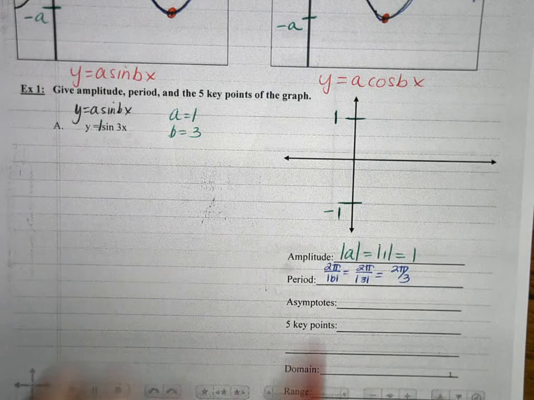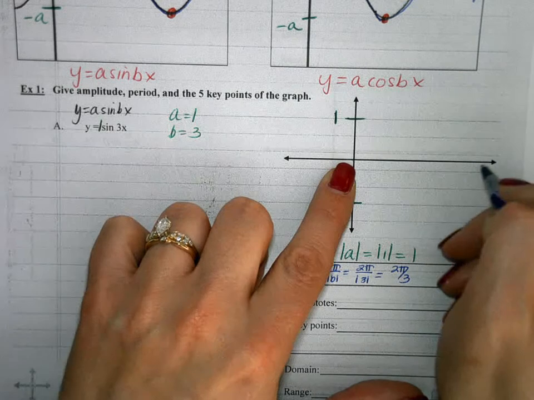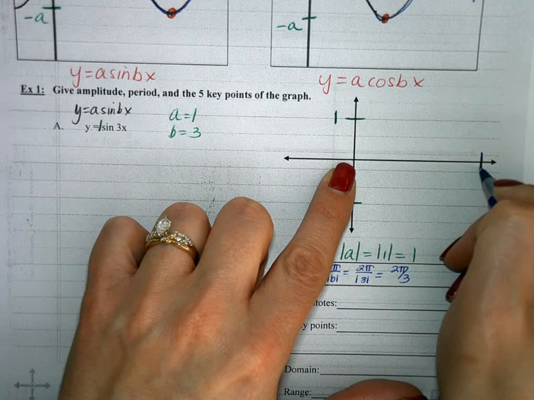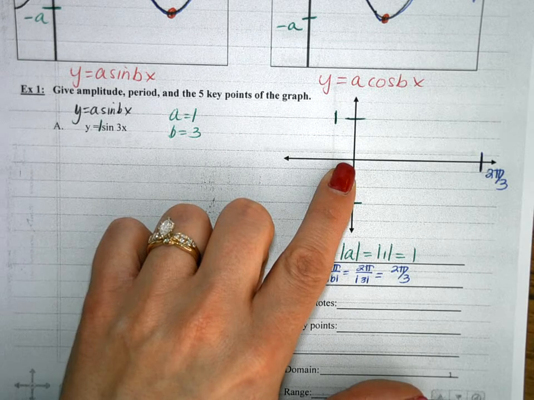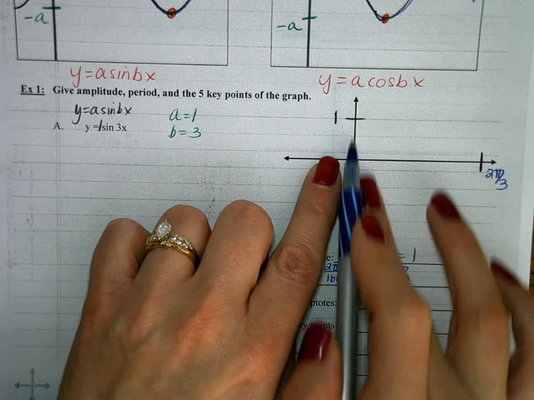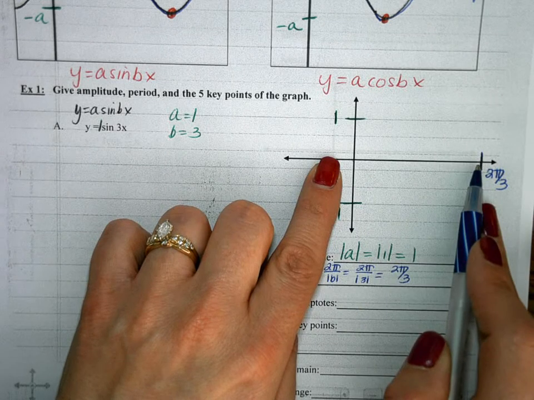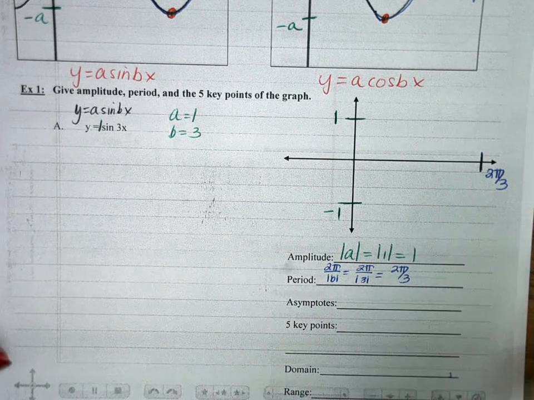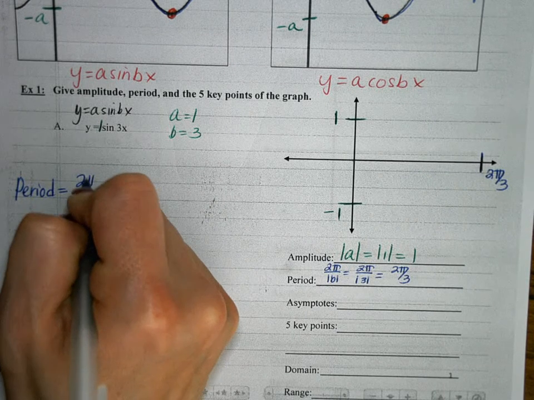Which means from the start of my first cycle to the end of my first cycle along the x-axis, I go a distance of 2 pi over 3. So the period of my graph is 2 pi over 3.